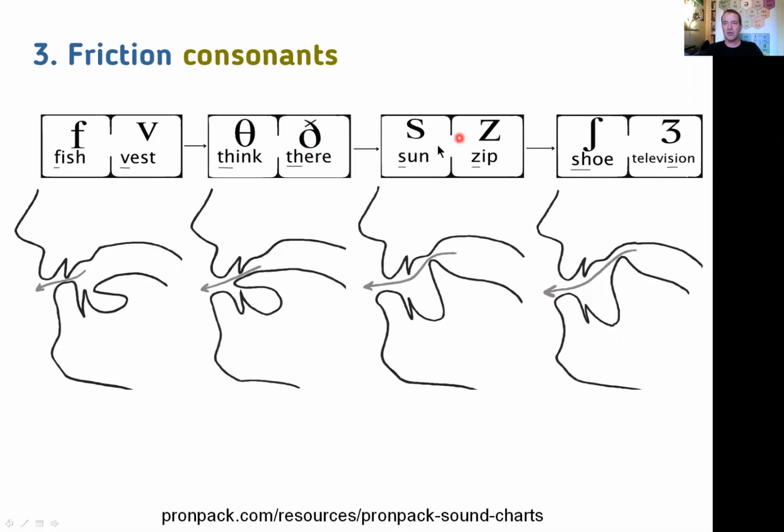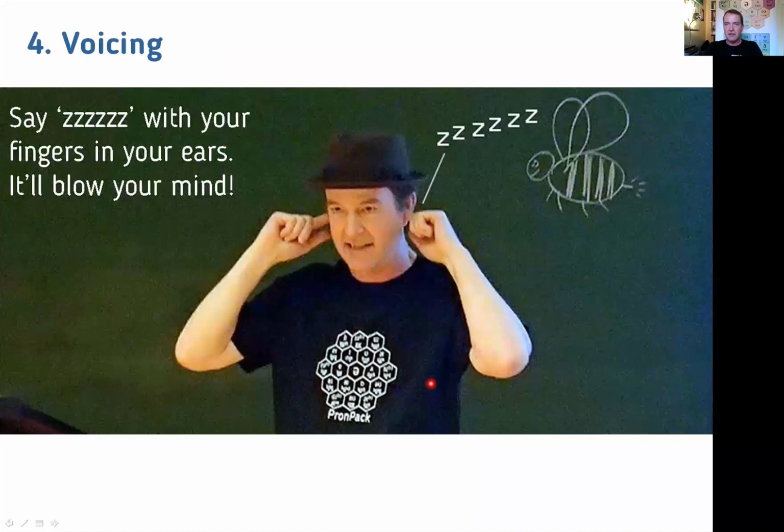This doorway here shows that these two sounds are related to each other, but one is unvoiced and one is voiced. So this experiment is to show students the difference.